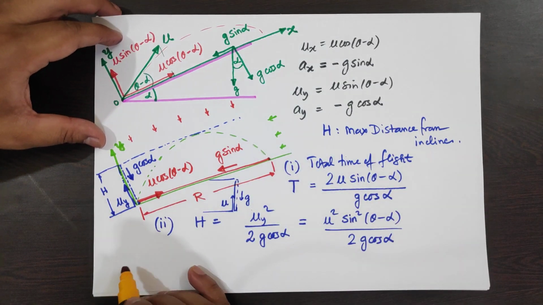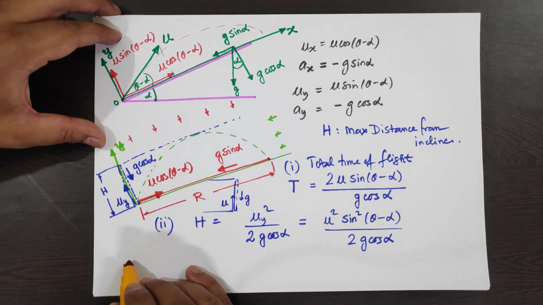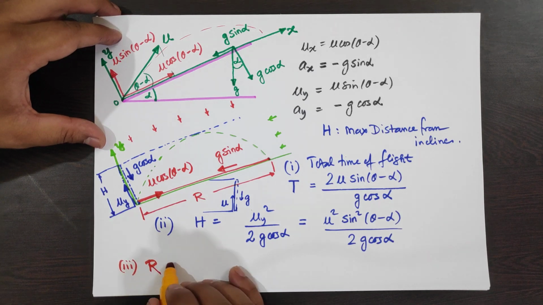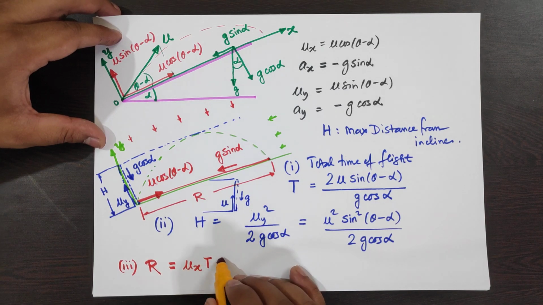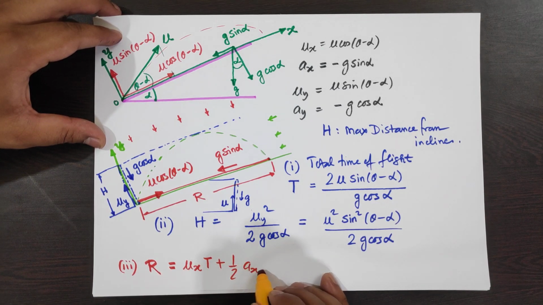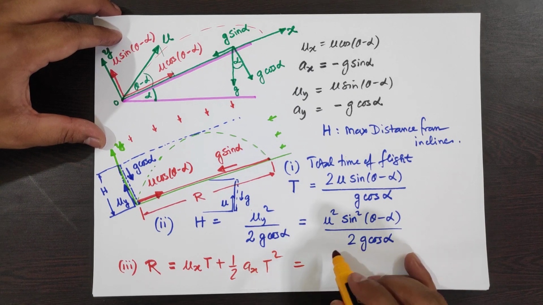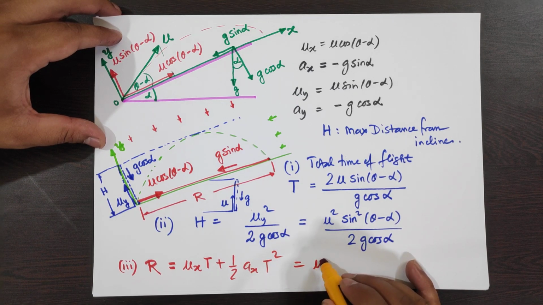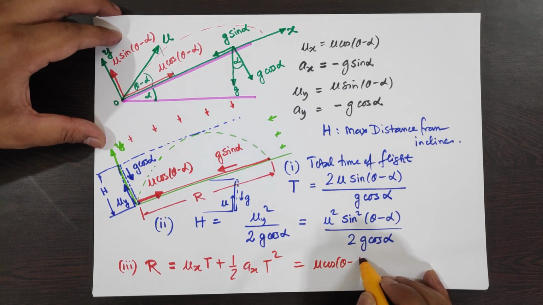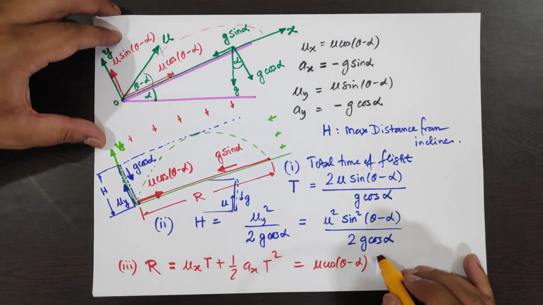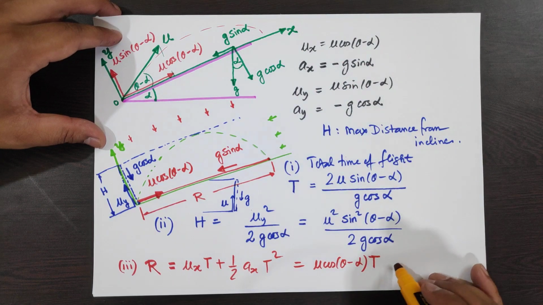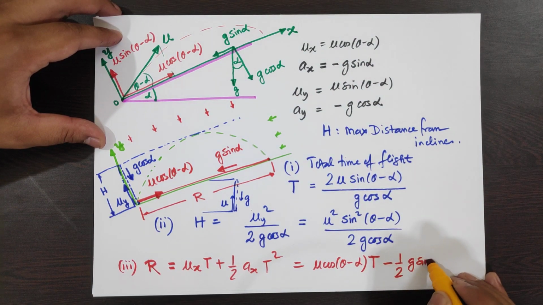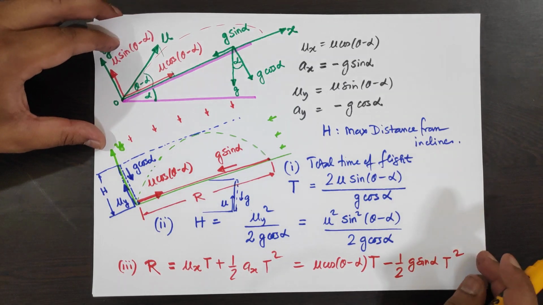So to find the range, just substitute in the equation of x: u_x times t plus half a_x times t squared. u_x means u cos(theta minus alpha), and you will replace t later on. Now a_x is minus g sin alpha, so this is minus half g sin alpha times t squared.